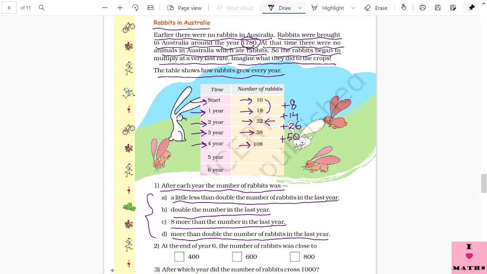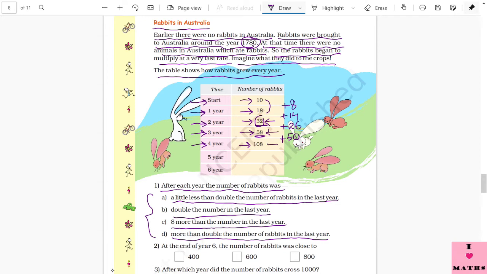Now 18 twos is 36 and 32 is slightly less than 36. Now in the third year it was 58. Now double of 32 is 64 and 58 is slightly less than 64.